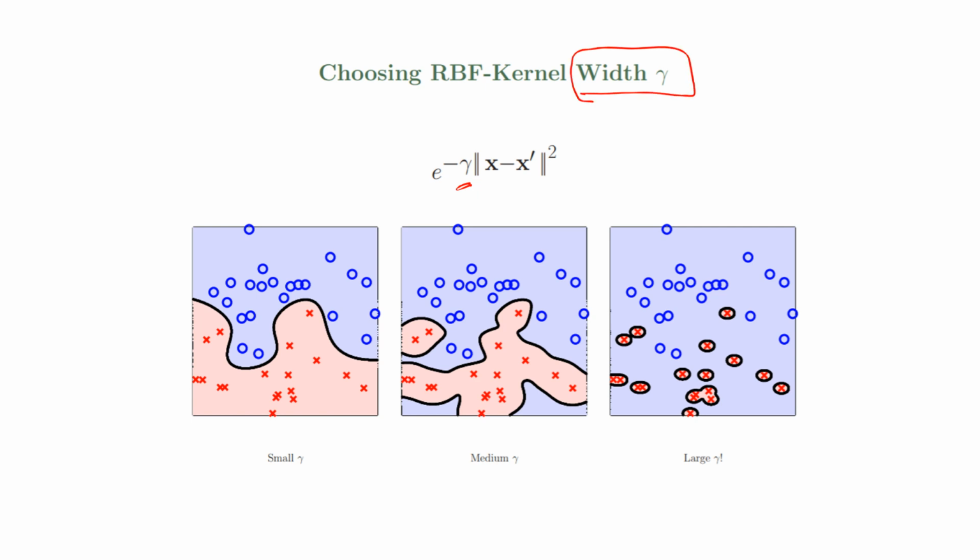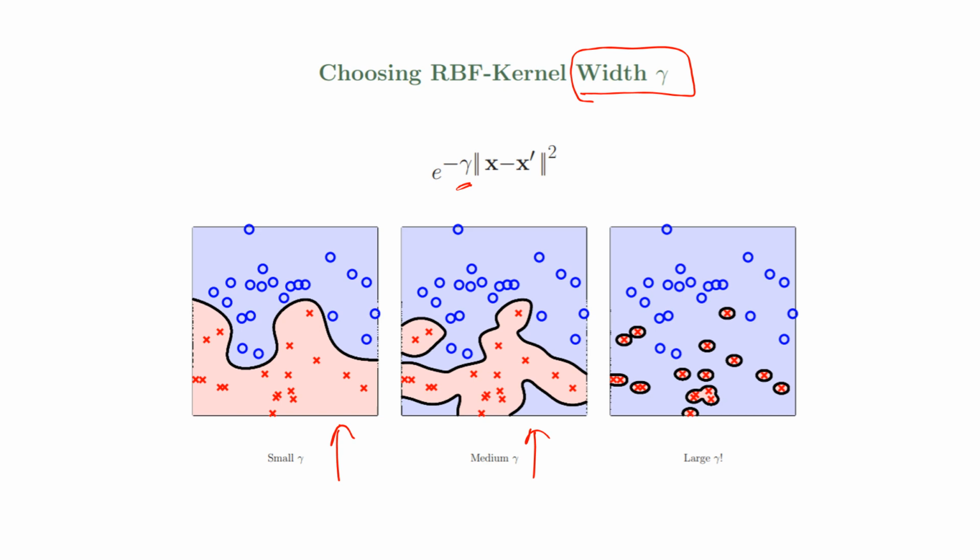This gamma is, as I said, a scale parameter that is representing width. If this width is small, that means the scale parameter is large, and you will get a smoother classifier, right? And for medium ones, you will start to get these regions of higher fit, where we are not really getting a smooth classifier, but trying to get regions of different classification.